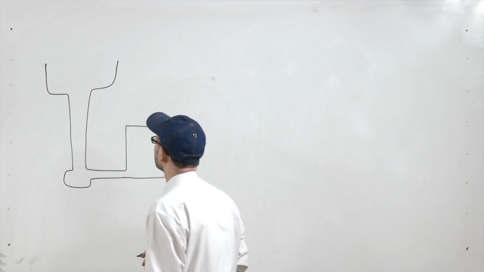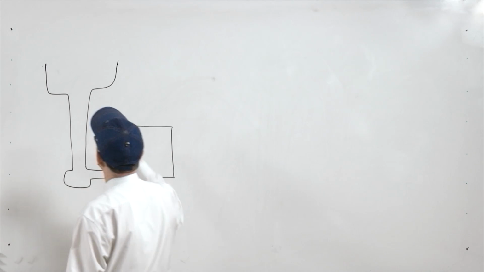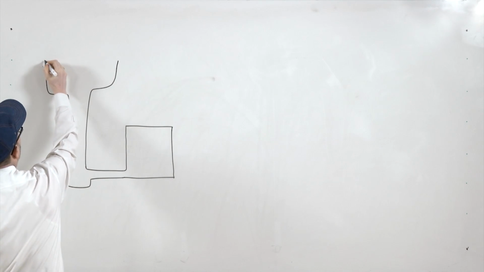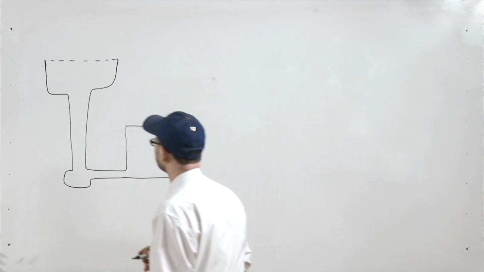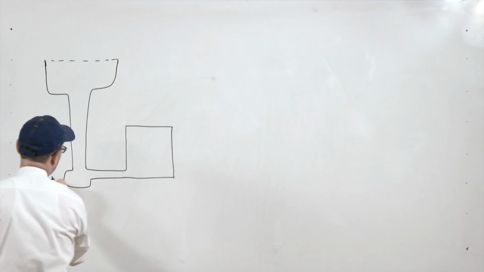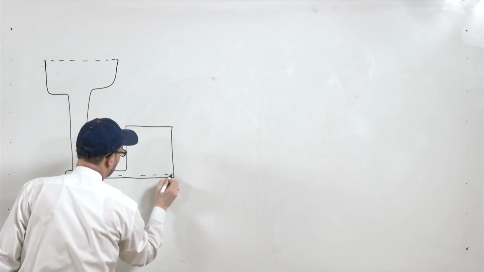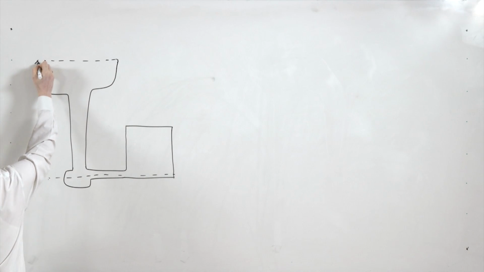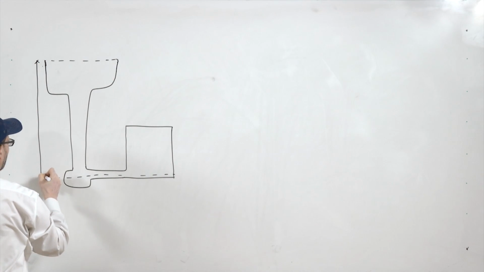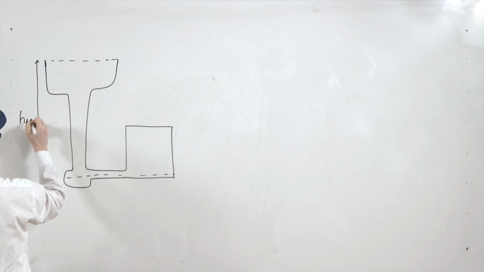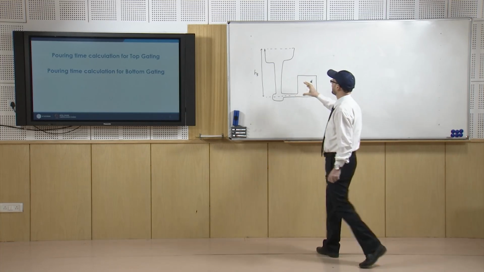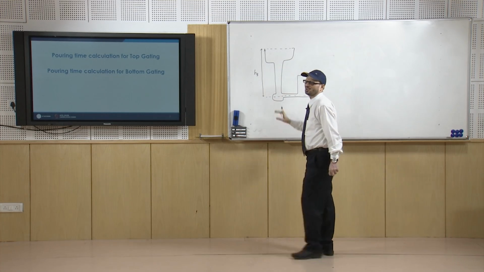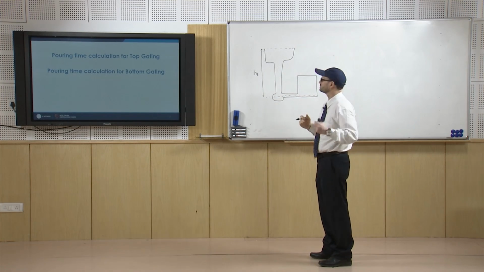This is the schematic for a bottom gating, where the pouring is done at the bottom. Now, this height can be taken as the total height. So, this HT is taken as the total height. This is the head available initially when the metal will start falling down.